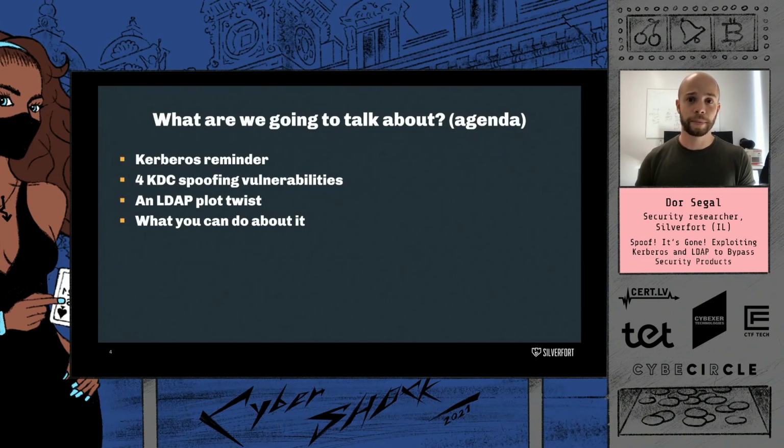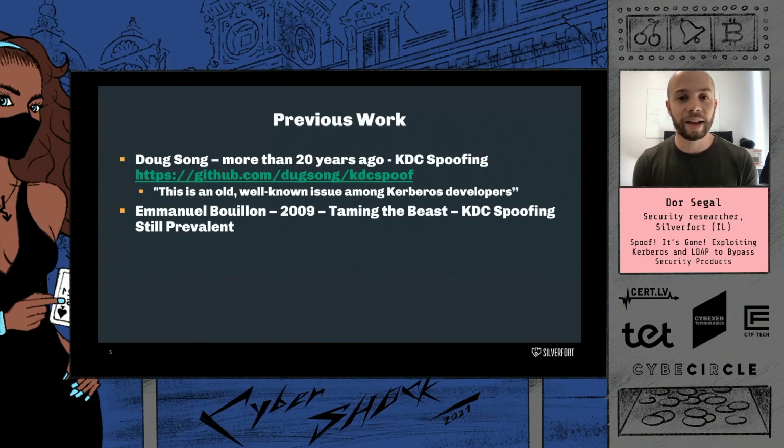So let's begin. There is nothing like a nice history. We can see that KDC spoofing is a very old vulnerability. A person called Doug Song posted POC code over 20 years ago when Kerberos was just introduced, and only a few experts knew how to work very well with the protocol.